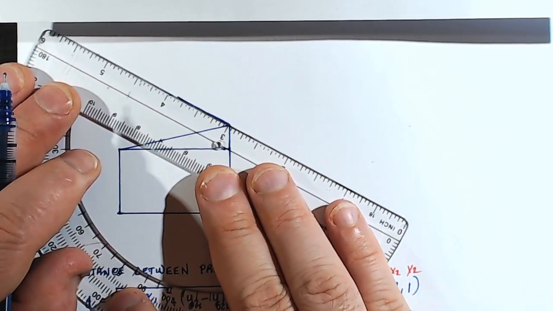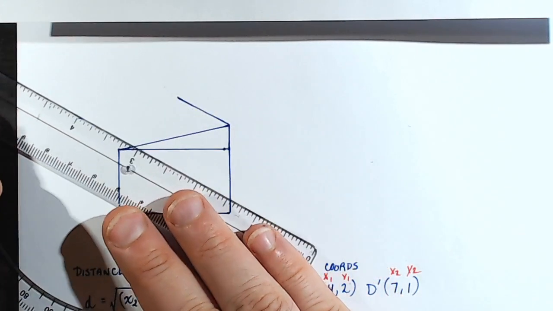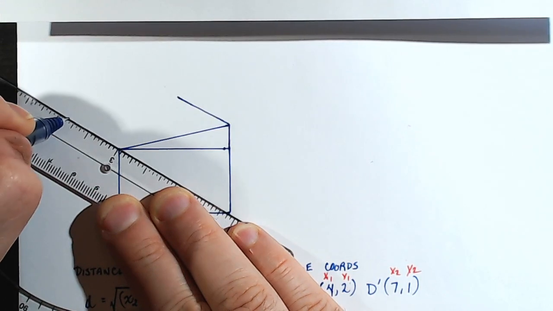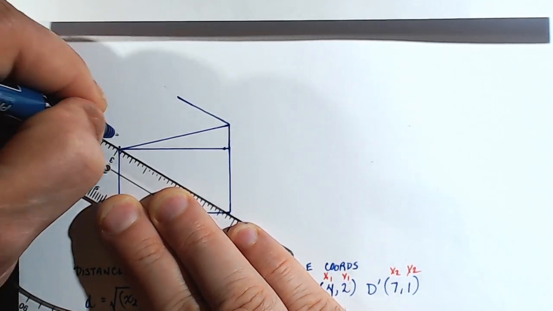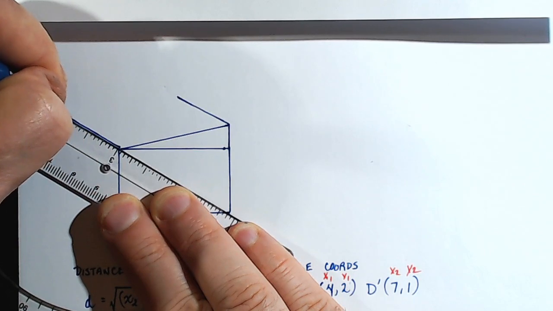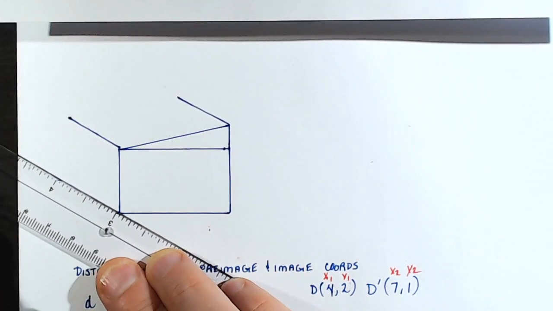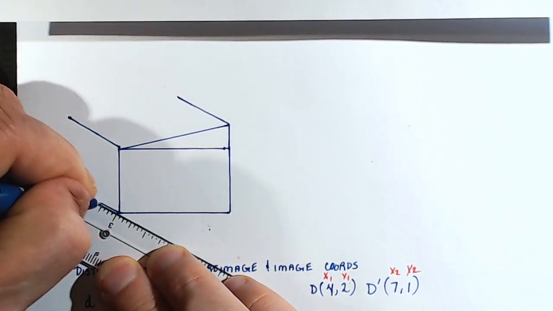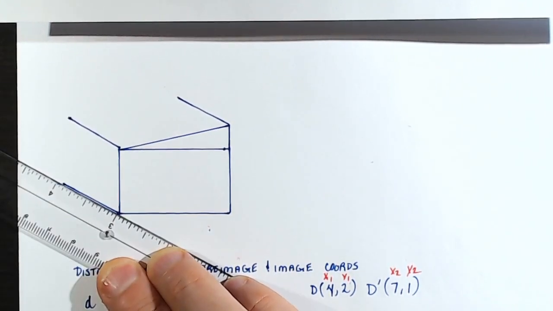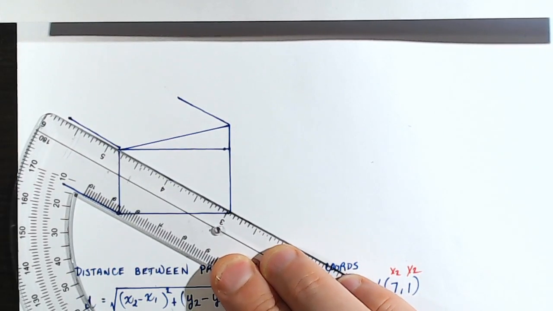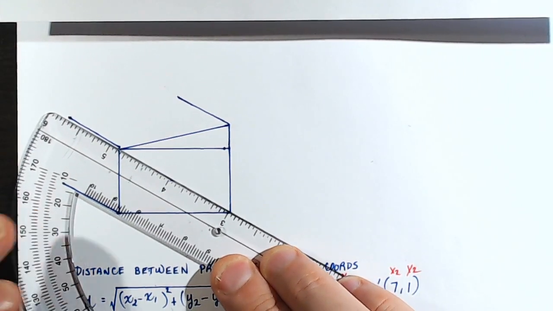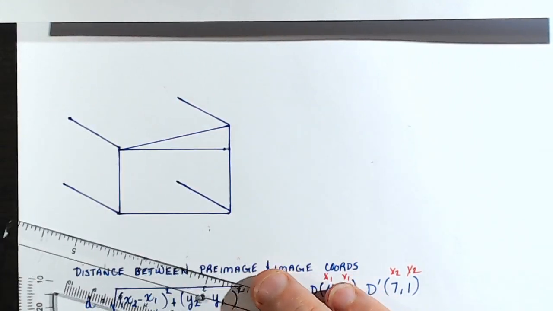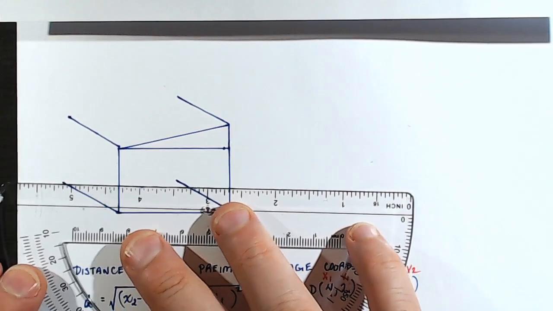All right, just checking what I'm doing here. Okay, and then there's this piece down here. Then finally, there's this piece over here. Now we'll connect those pieces.